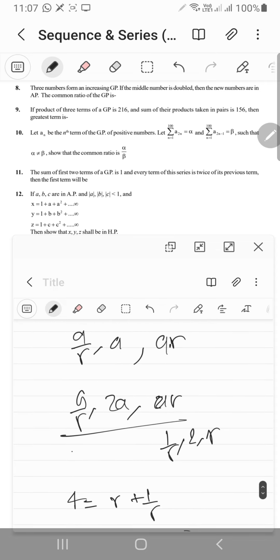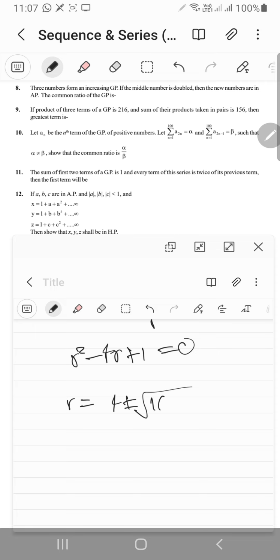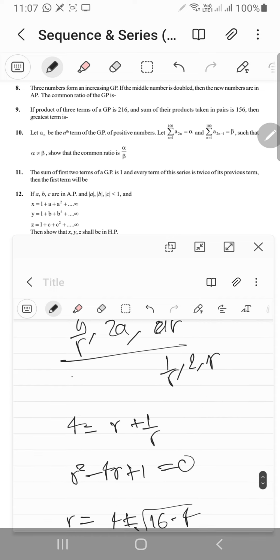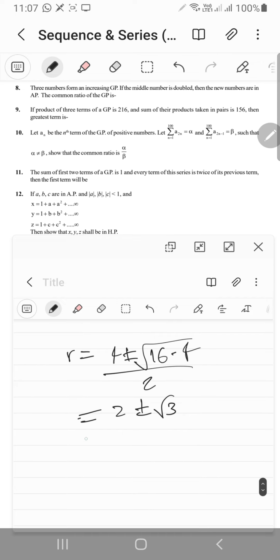Is this correct? I think so. And from that it just becomes R equal to 2 plus minus square root of 4 minus 1, which is square root of 3, right? And this is supposed to be an increasing GP, R equal to 2 plus square root 3, just like that.